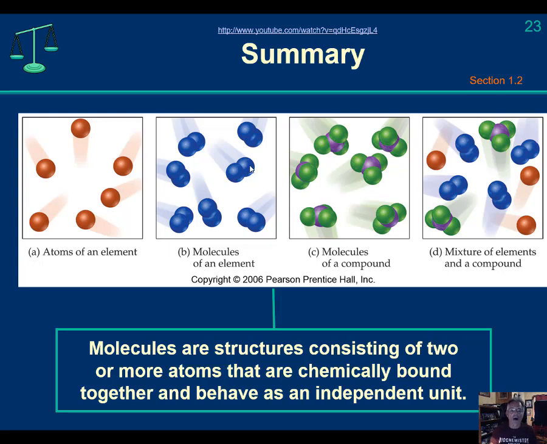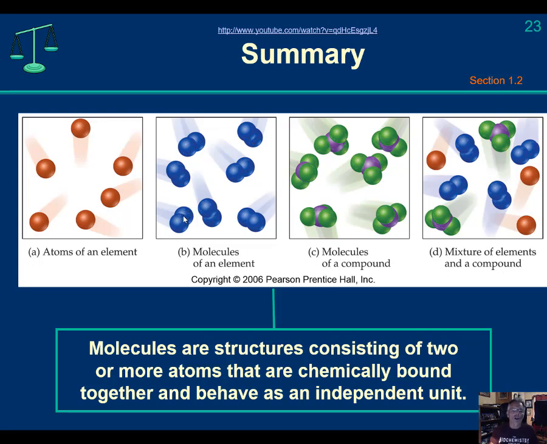You can have molecules of elements when the colored spheres are the same color, depicting, let's say, something like nitrogen N2 or O2, could be H2 or Cl2. We do select particular colors for different elements.